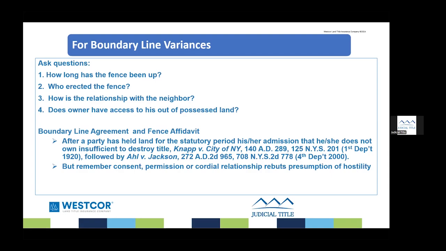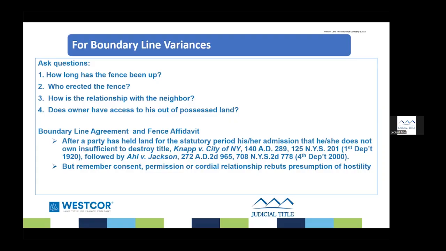A boundary line agreement and a fence affidavit are two items that are used sometimes to insure over, for lack of a better reference, these particular boundary issues. A fence affidavit is more case by case and is not really the standard.